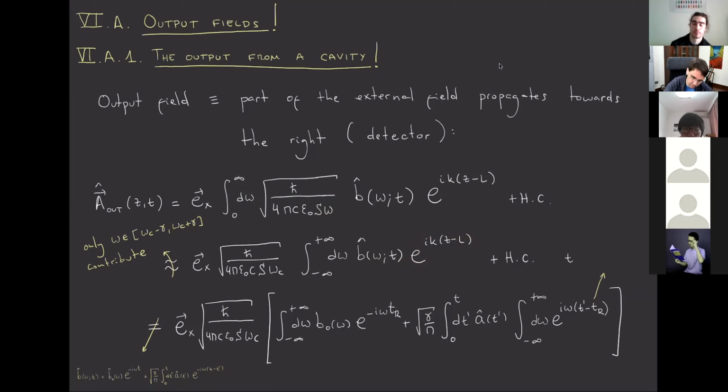So t_R is just the time, from which you remove z minus L divided by c, which is the time that it takes for the light field to reach the detector, which is at position z, from the cavity mirror, which is at L. This is called the retarded time.